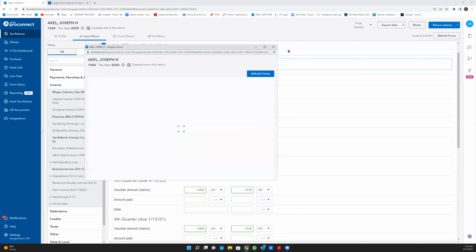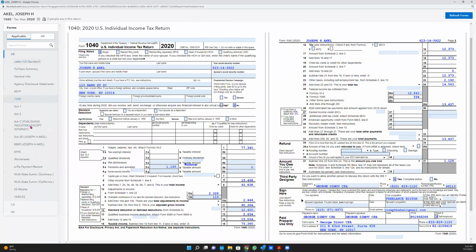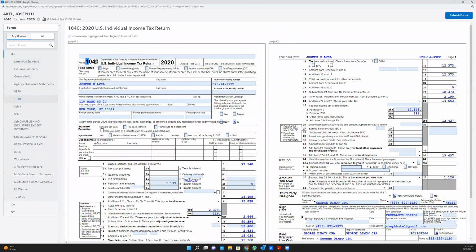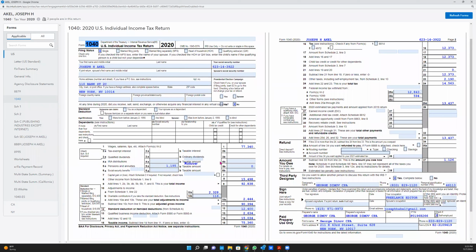And before we go into the actual income, one thing that I would like for you to keep in mind, think of the main Form 1040 as a dinner plate. But in order to eat your dinner from that plate, you're going to need utensils: a fork, a spoon, a knife.